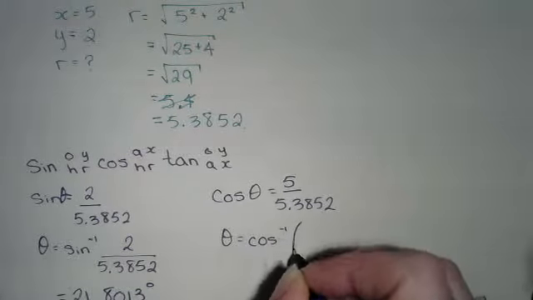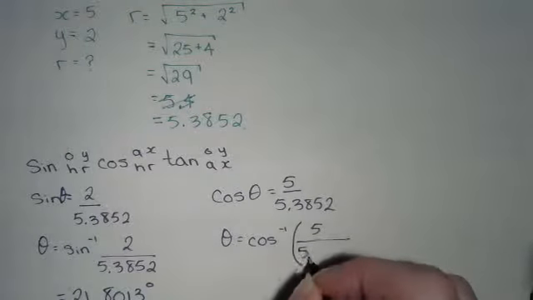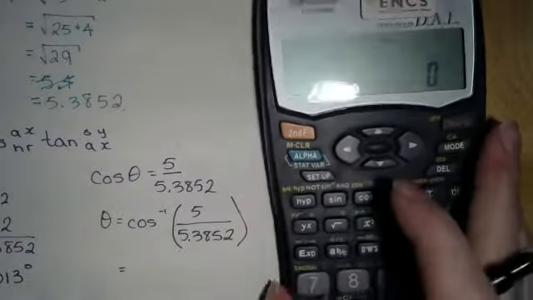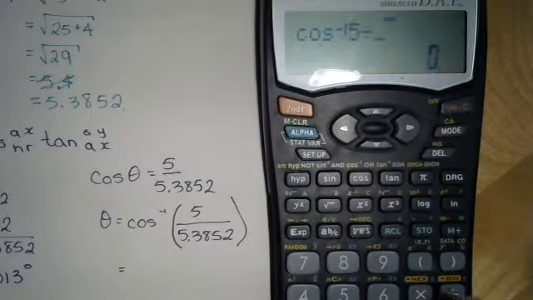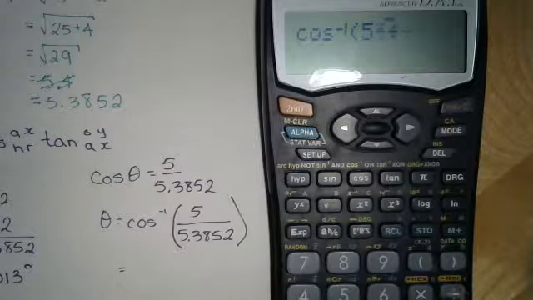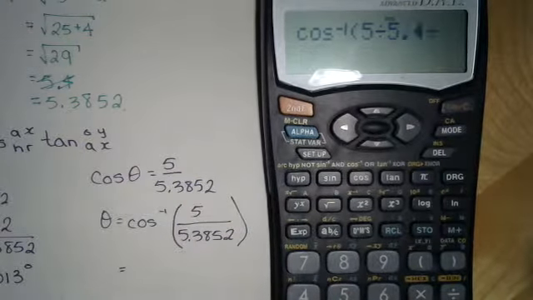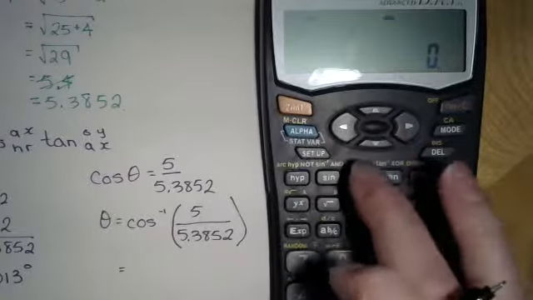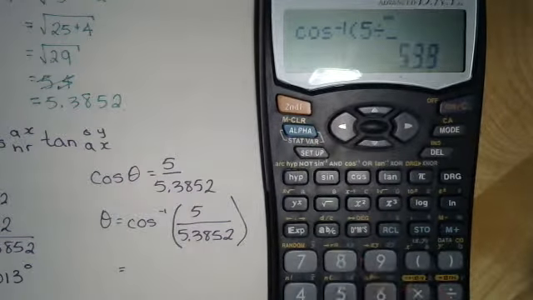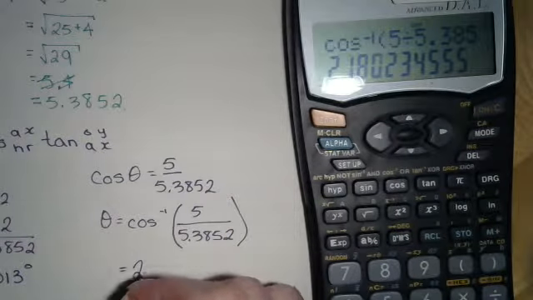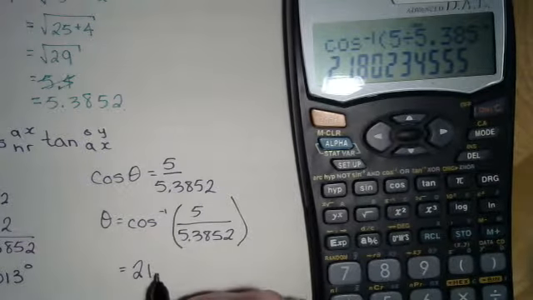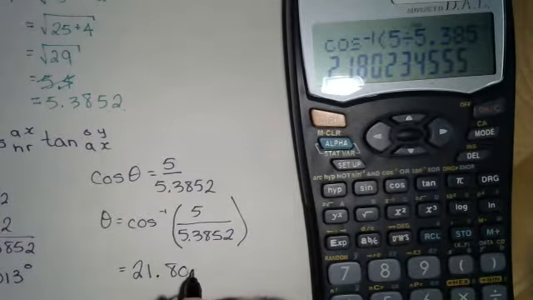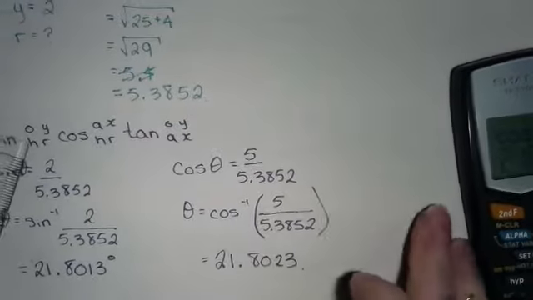Rearrange this: inverse cosine of 5 divided by 5.3852 equals 21.8023 degrees. And obviously tan for this one is going to be the same.